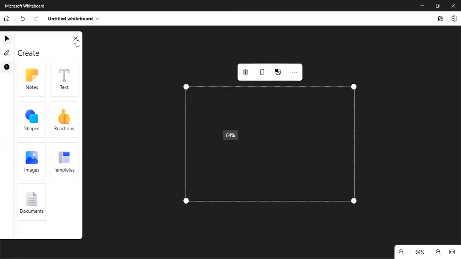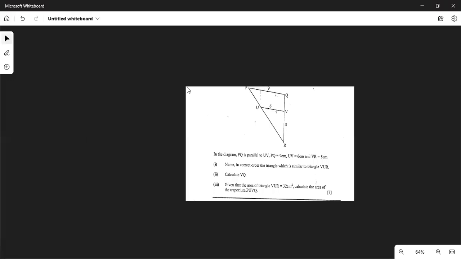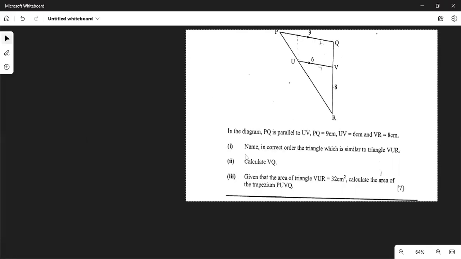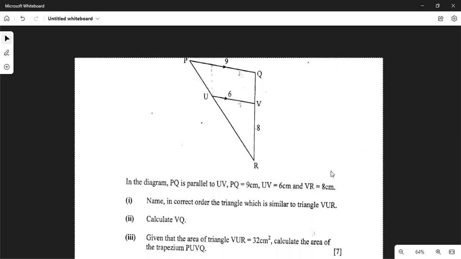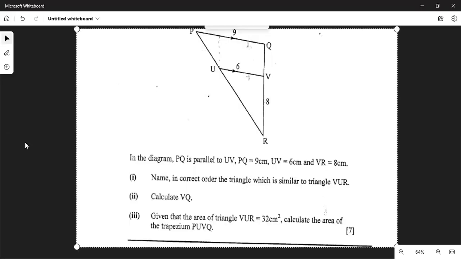All right, so we have got this shape here. So the diagram is shown.